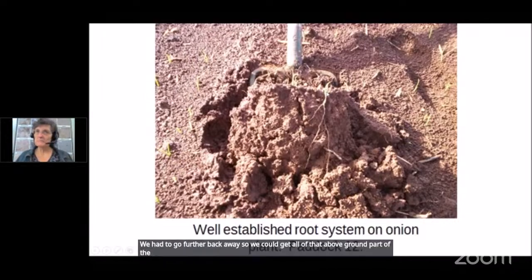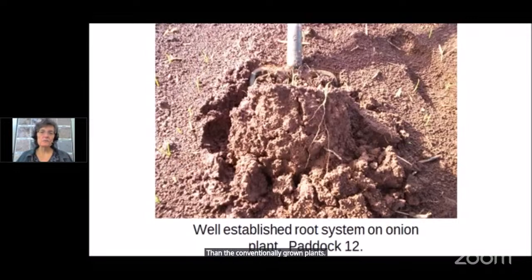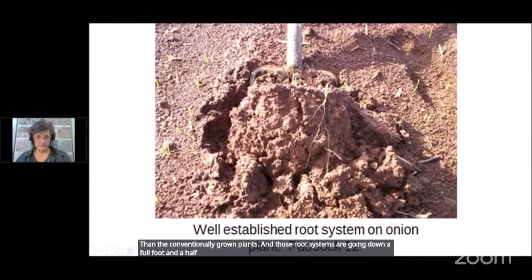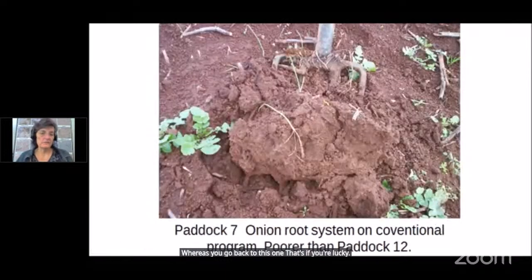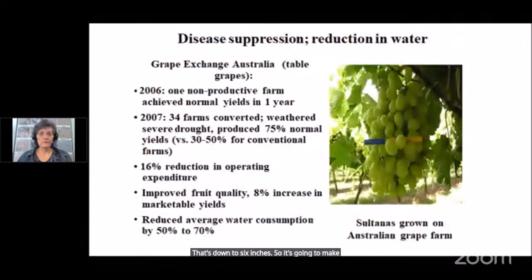It's a good inch and a half taller than the conventionally grown plants. And those root systems are going down a full foot and a half even this early in the growing season. Whereas you go back to this one, if you're lucky, that's down to 6 inches. So it's going to make a big difference in yield.